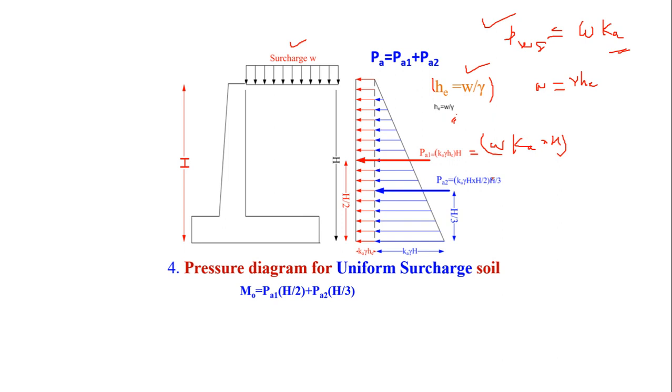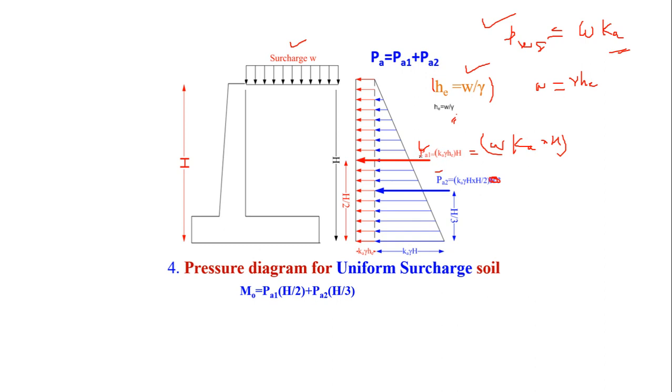So the H by 3 is not there, so this is up to here only. K gamma into H by 2, half base into height. And for the moment calculation we have the two forces PA1 and PA2.